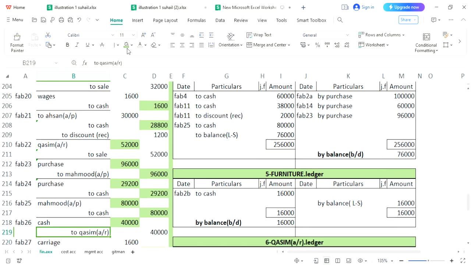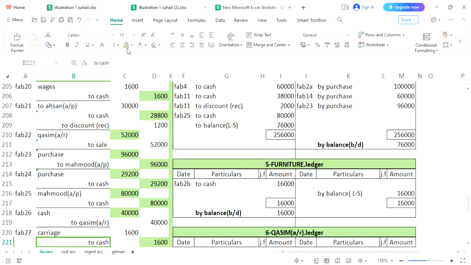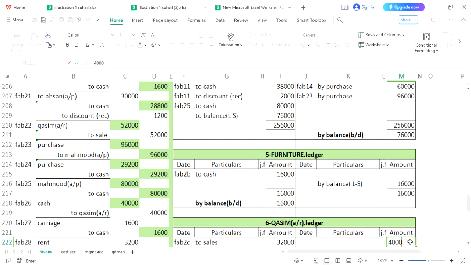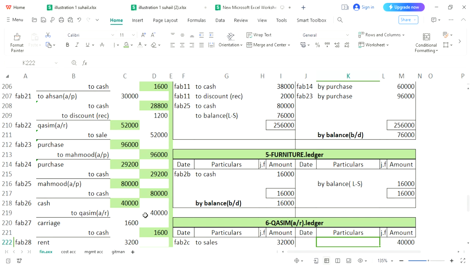Qasim is credited by 40,000, and here we are making the ledger for Qasim credited by 40,000. Now see its reference. Qasim here is credited, and what is written on the opposite side? Cash. So here you will put cash as the reference of this 40,000.